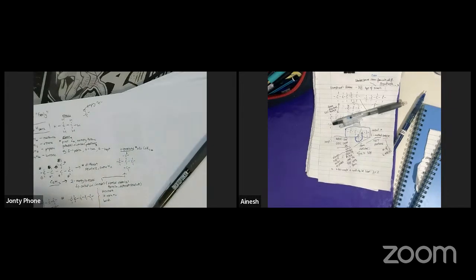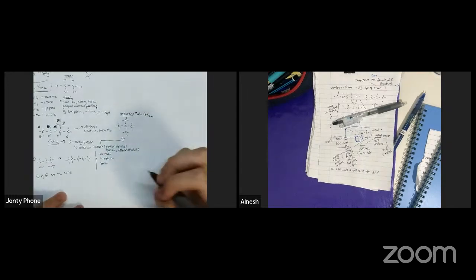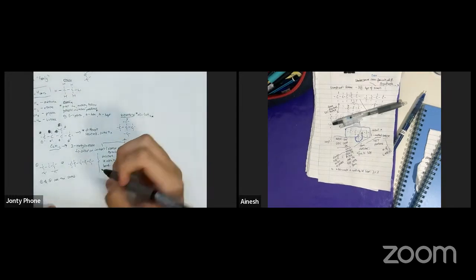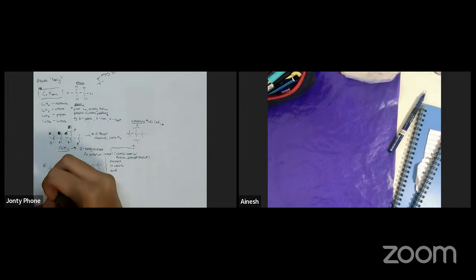Note taking, please. A new paper, Anish, definitely a new paper.